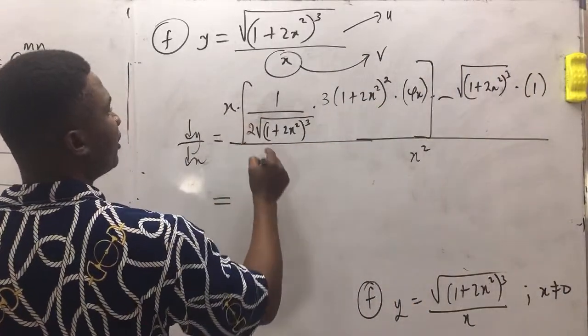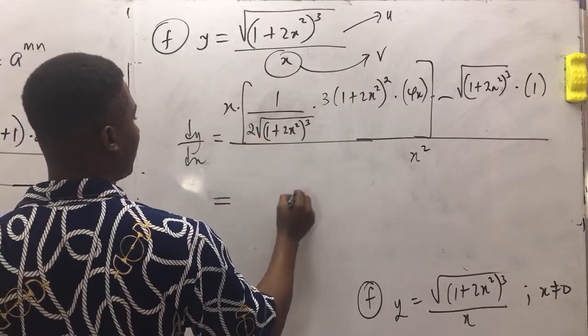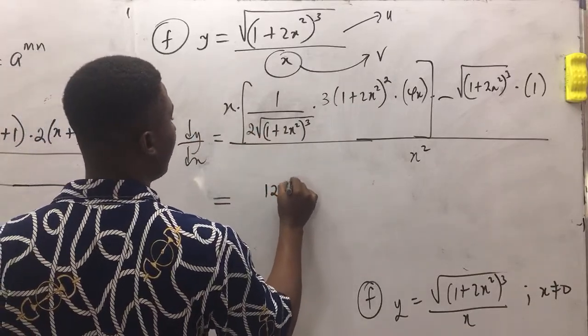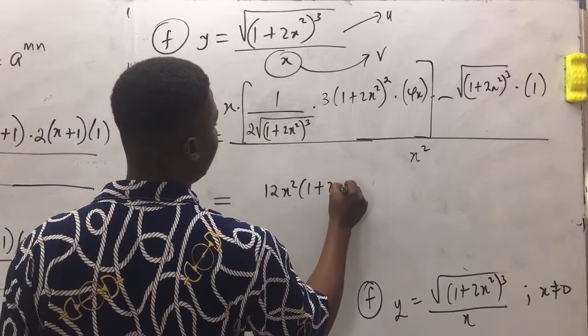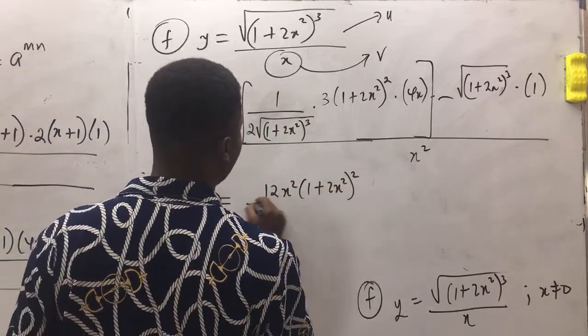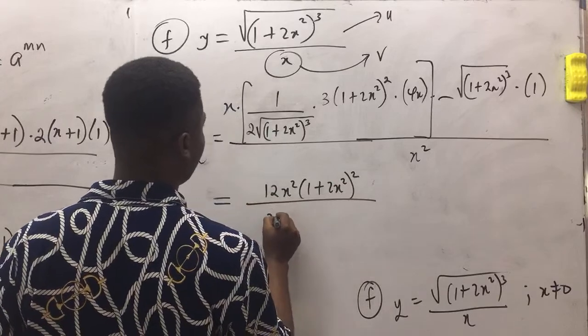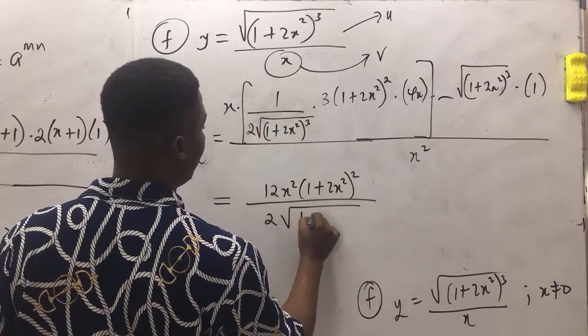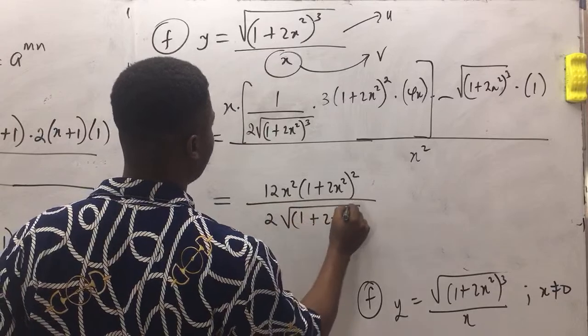So that will now give us a simplified result. 4x times x will give us 4x squared times 3 will give us 12x squared. So I'm going to write here 12x squared in bracket 1 plus 2x squared all over 2 square root of 1 plus 2x squared all raised to power 3.